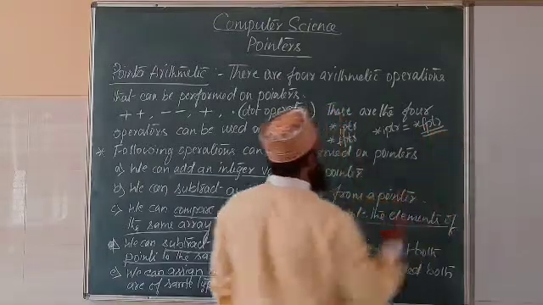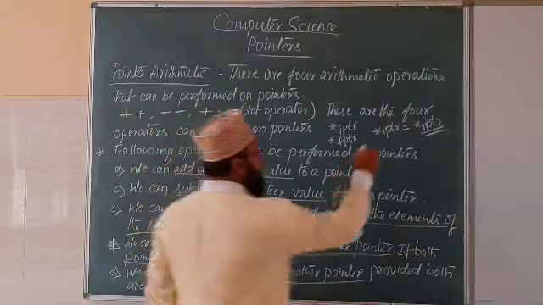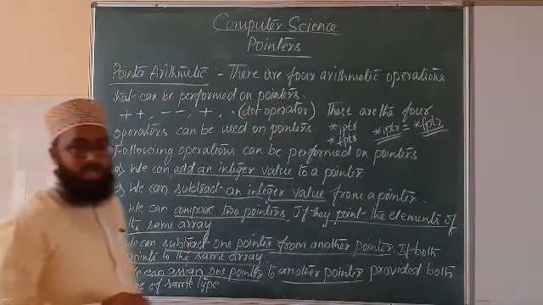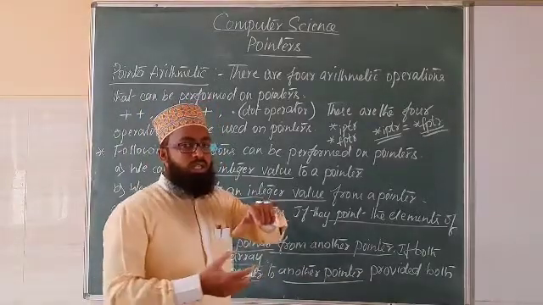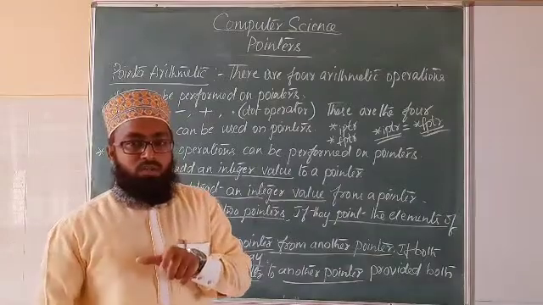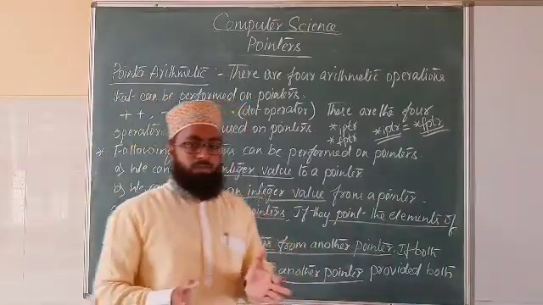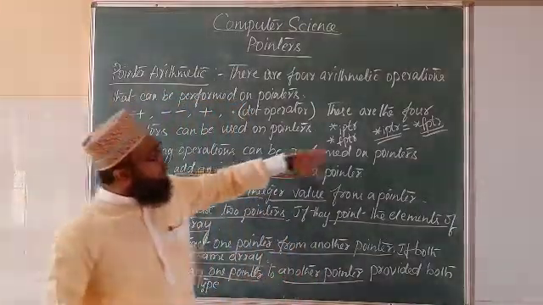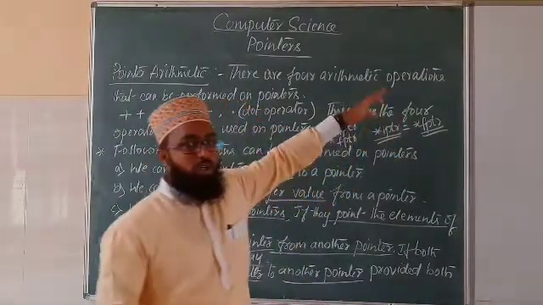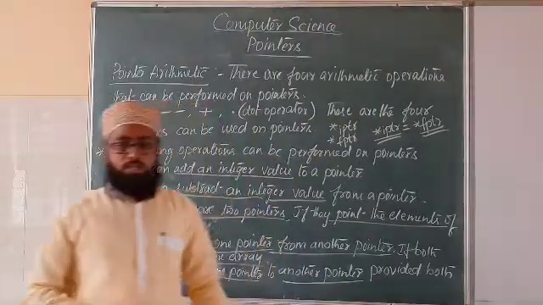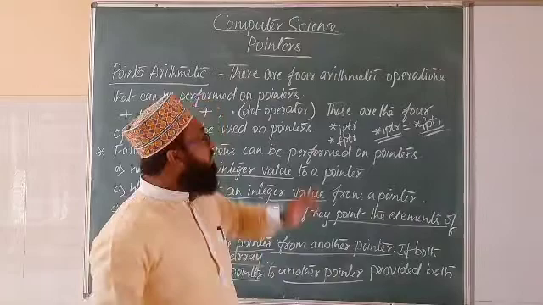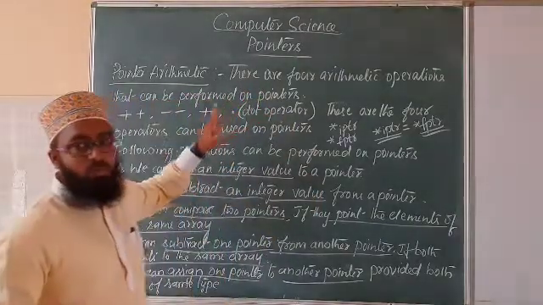The value of FPTR is assigned to the value of IPTR. As we have discussed, if both elements are from the same array, then we can subtract. If both are of the same type, then we can assign the value of one pointer to another pointer. So these are the things we are able to perform with the help of these operators.